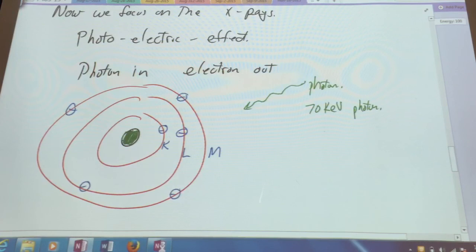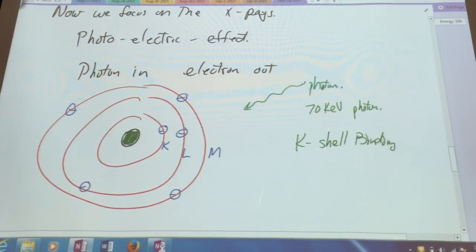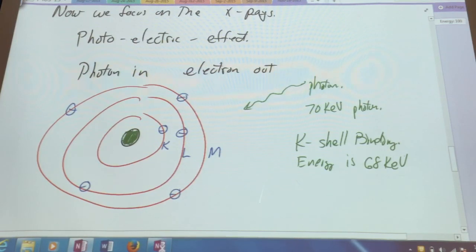Let's just say, in round numbers, that the K-shell electron binding energy is 68 keV. And so you're saying, well, there's more than enough energy for that photon to knock out the electron of that K-shell, right?